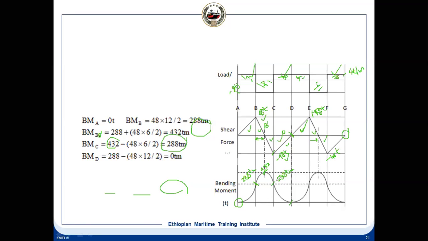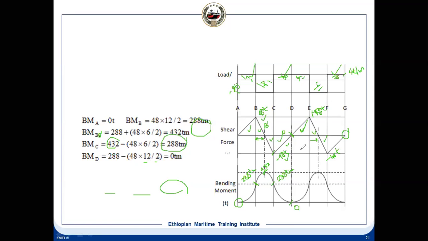The sum of these three areas we have got minus, meaning 288. After that, if you add this area, then you will get a value of 0. It means we have got 288 and this is minus 48 multiplied by 12 divided by 2, you'll be getting 0 here.